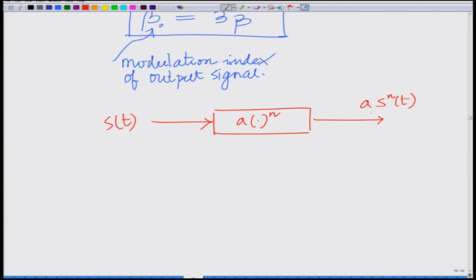As we have seen, raised to the power of 3 contains a frequency component at 3 Fc. In general, signal raised to the power of n will contain a frequency component at n Fc.